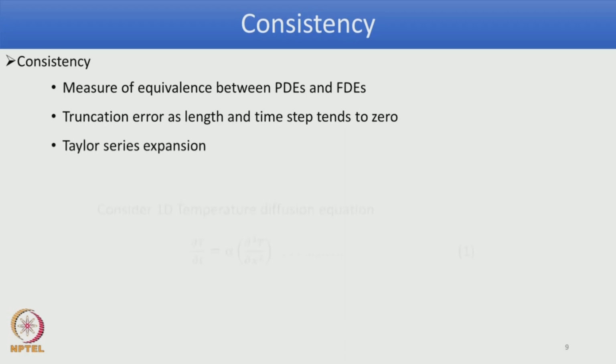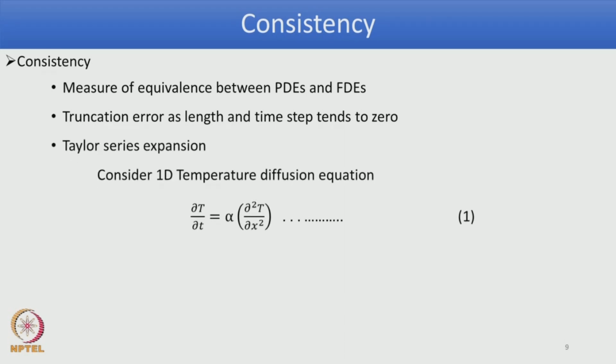So, we know the Taylor series expansion. We take the example of the one dimensional temperature diffusion equation, given here as dou T by dou t equal to alpha dou square T by dou x square, where capital T refers to temperature. By Taylor series expansion we can separately write the time derivative and the second order spatial derivative.